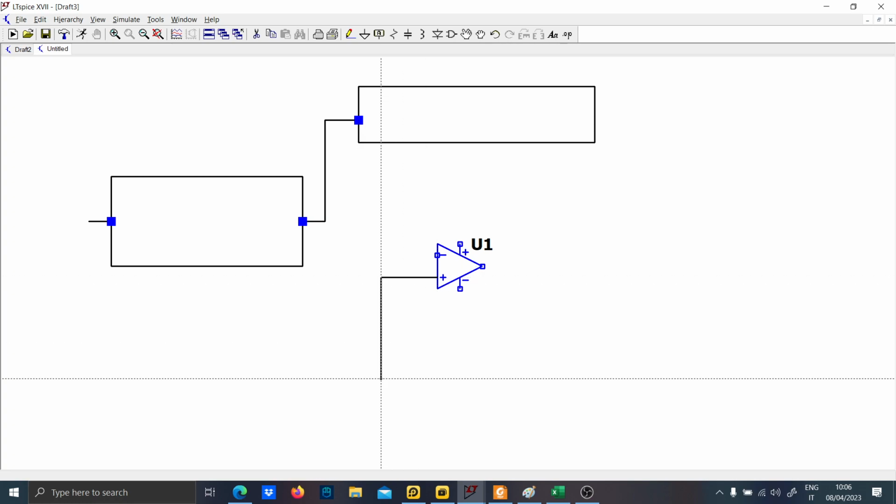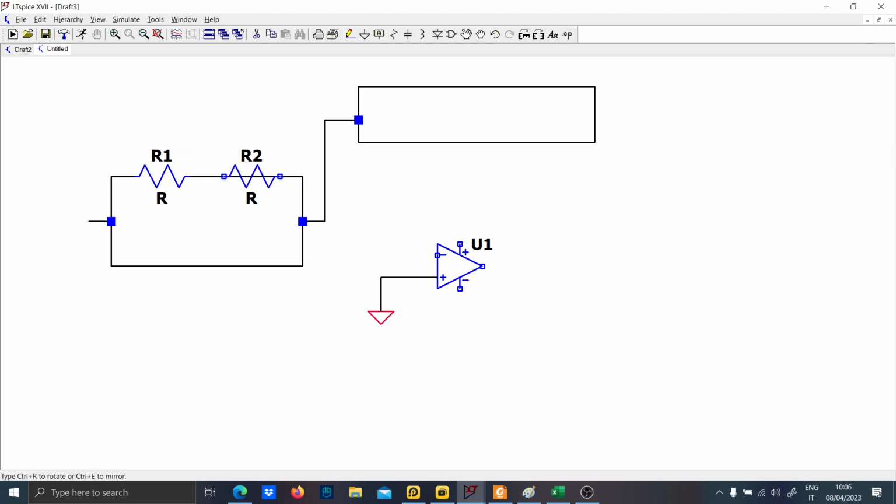There will be the reference voltage, but since we are just testing the transfer function, we don't care. Now we put the values that I designed. Let me put them in order: this is R1, this is R2, and this is R3. Okay, this is now correct.